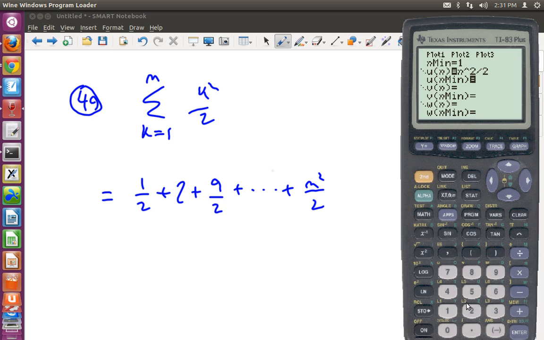Second delete is insert, alpha u. Where's my u? No, that's not it. Dang it. I want alpha u. There you go. No, that's not it. Wait, hang on. All right, clear that. Where's the u on here?